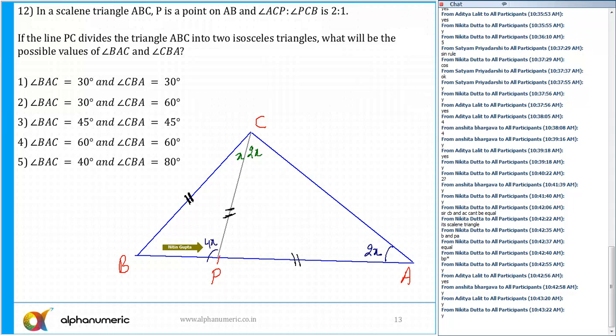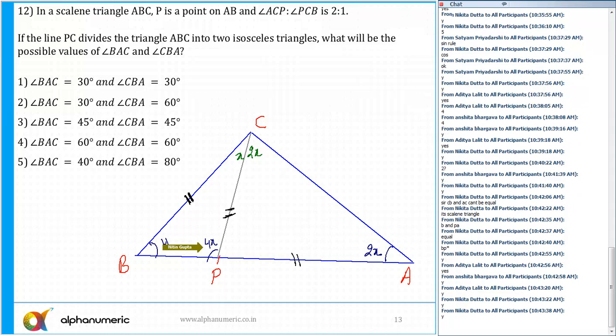Is that clear? And this angle is also equal to 4x. So the total is 4x plus 2x, 6x, plus 3x, 9x. So 9x is equal to 180, so x is equal to 20 degrees. So angle BAC is equal to 40, and angle CBA is equal to 80. So that's why the correct answer is option number 5.